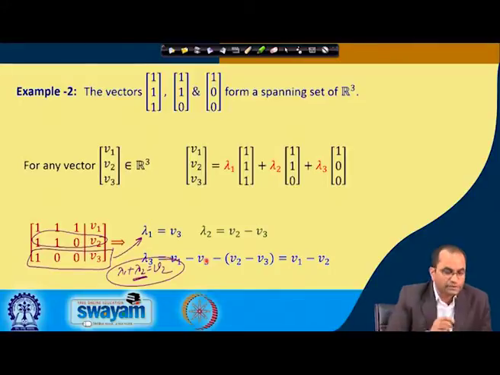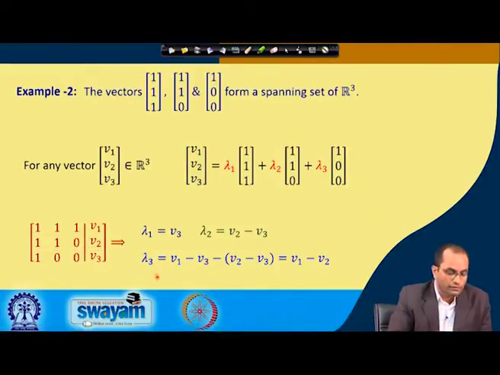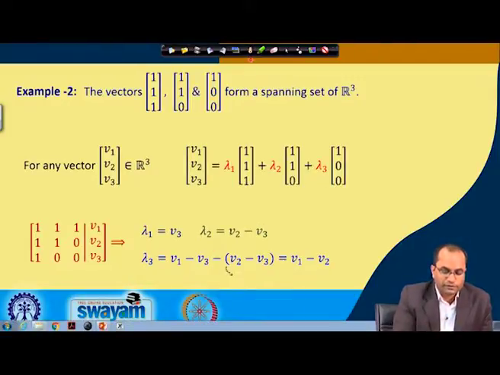And from the first equation, lambda 1 plus lambda 2 plus lambda 3 is equal to v 1, so lambda 3 will be v 1 minus lambda 1, which is v 3, minus lambda 2.